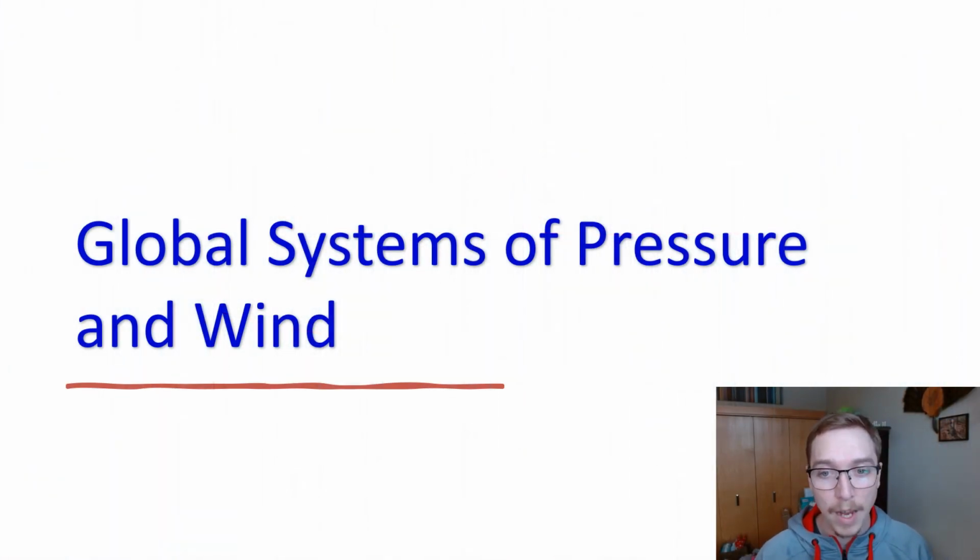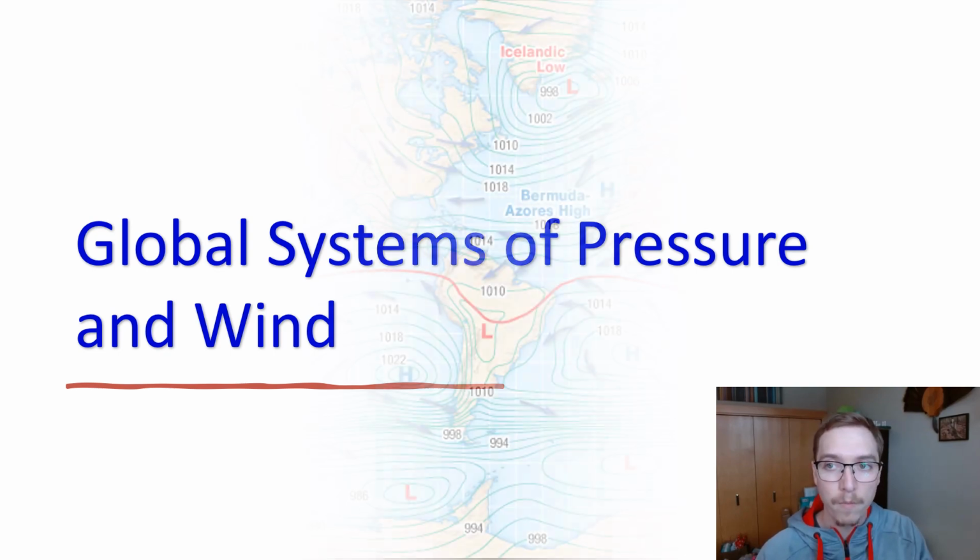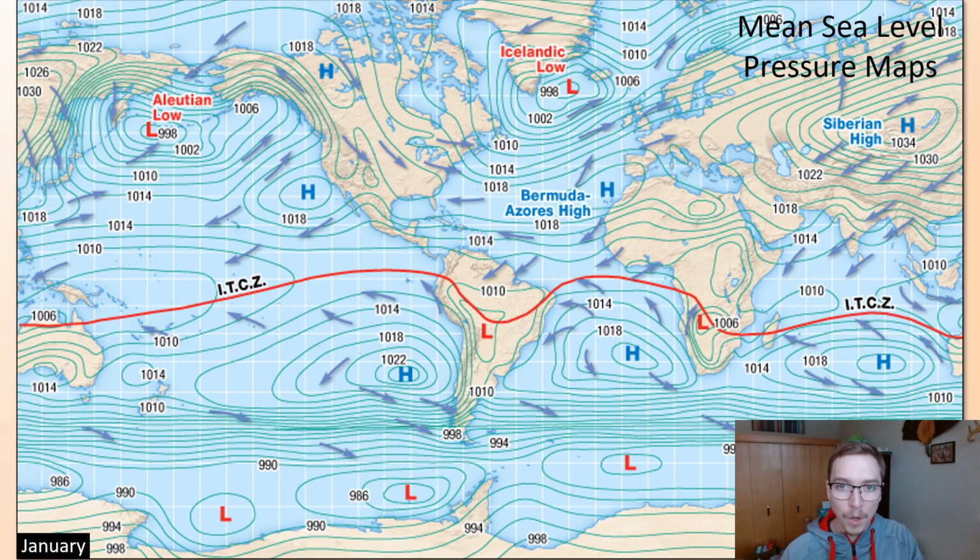So now we're going to look at some of these global systems and global patterns that drive meteorological phenomena across our planet over, for example, a given year. Here we're looking at a mean sea level pressure map in January of the year. There is a whole lot going on.